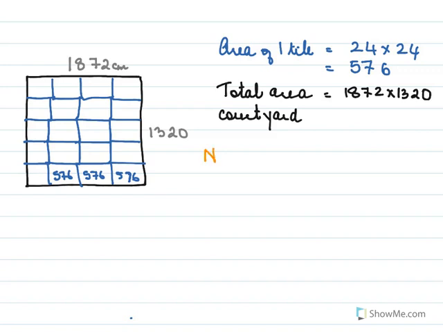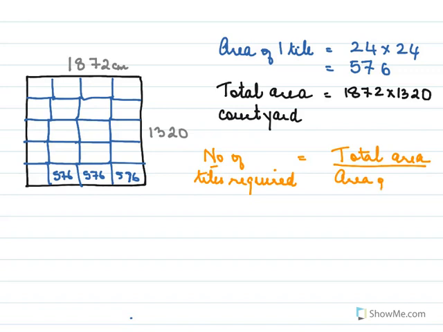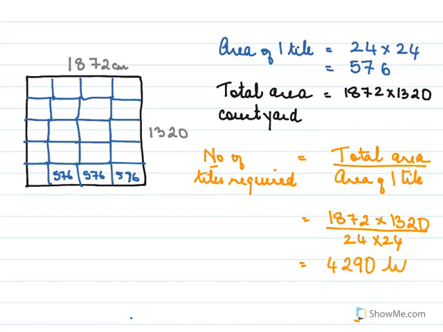So the number of tiles required will be the total area, that is the area of the courtyard, over the area of one tile. That is 1872 into 1320 over 24 into 24, which is 576, and the answer to that comes as 4290 tiles.